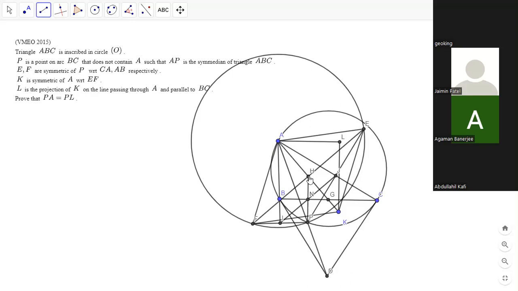All right, that makes sense to me. It's well known that the reflection of P over BC lies on the median.